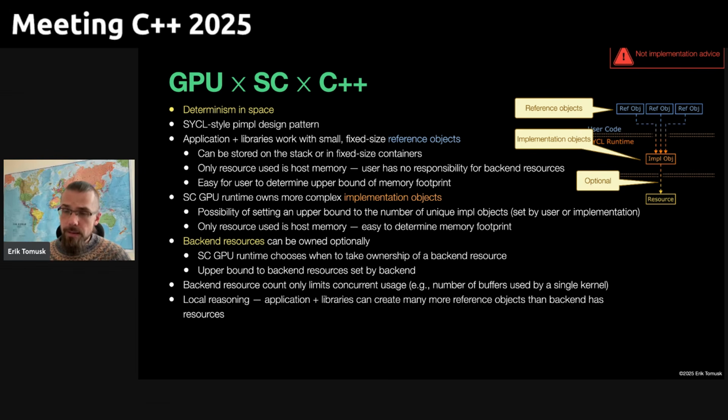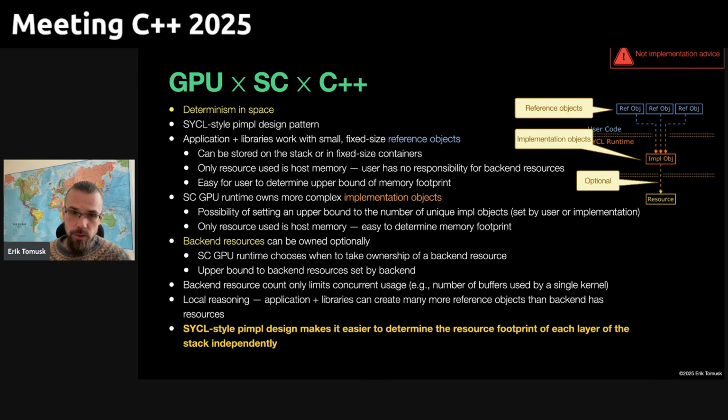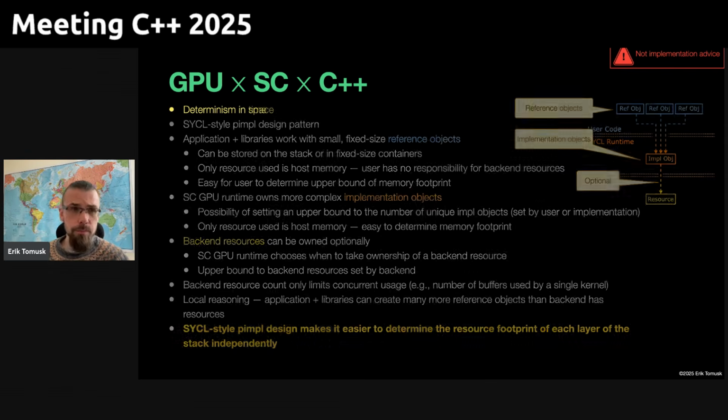What that decoupling does is help us consider each layer of the software stack somewhat independently when we're trying to figure out how much resource each layer uses, and that helps us with establishing a deterministic usage of those resources. So this final statement just summarizes that SYCL style pimpl helps us with a separation of concerns if we want to create a safety critical GPU runtime.